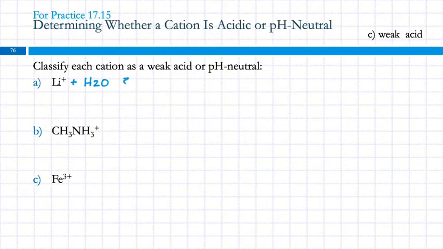Well, it could make hydroxide, but what's this? Strong base. So this is not going to happen. So this is the cation, the counter ion of a strong base. So what is it? pH neutral.